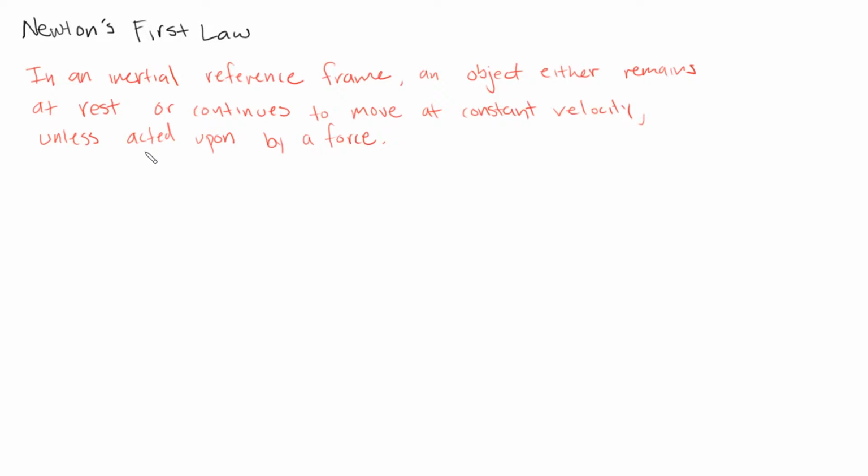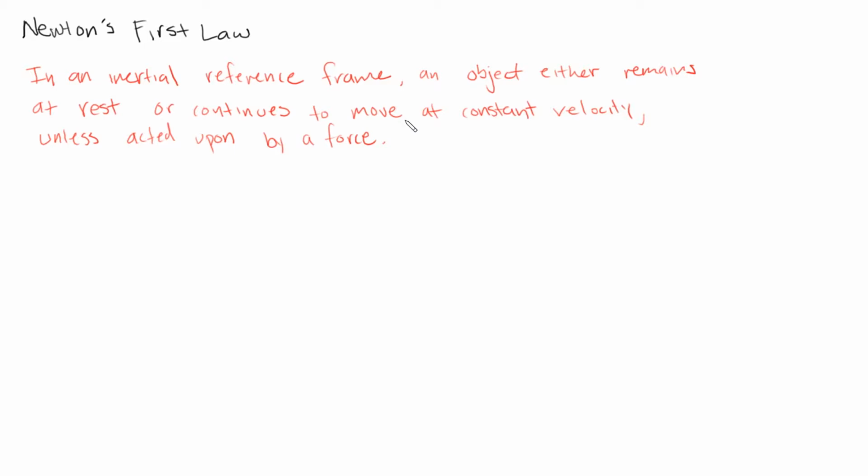But in a relative sense, we can ignore that fact because the Earth is very large and its motion does not affect our problems. So we could say an inertial reference frame is basically a frame that's not moving.